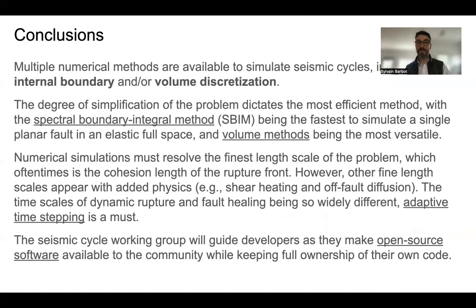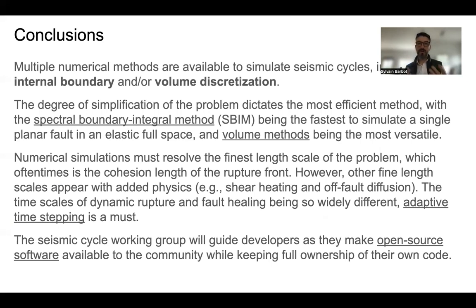So the degree of simplification of the problem dictates the most efficient method that is relevant for this problem, with the spectral boundary integral method being the fastest, the most computationally efficient, but limited to a single fault in an elastic full space, and volume-based methods being the most versatile, but also the most computationally intensive.